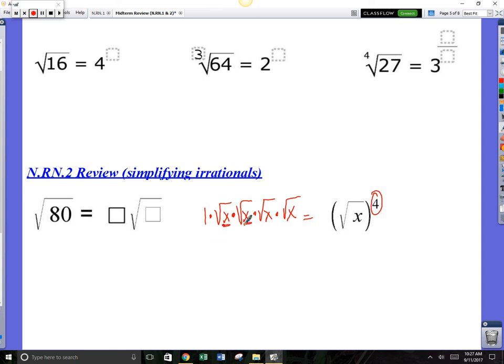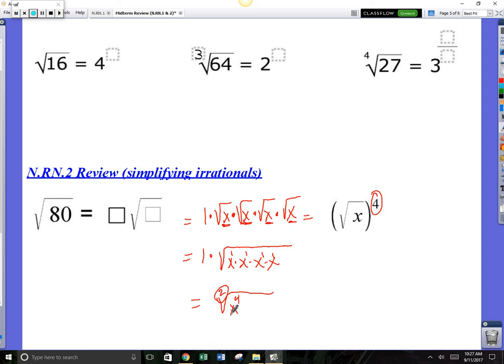Since these are all underneath the radical, that can be the same thing as 1 times, I can combine them all under 1. x times x times x times x. And anytime you multiply letters, you just add the exponents. So they all have an exponent of 1. So I'm not going to worry about the 1 anymore. That's the same thing as x to the 1 plus 1 plus 1 plus 1, x to the 4th. Okay, now, it's a square root.